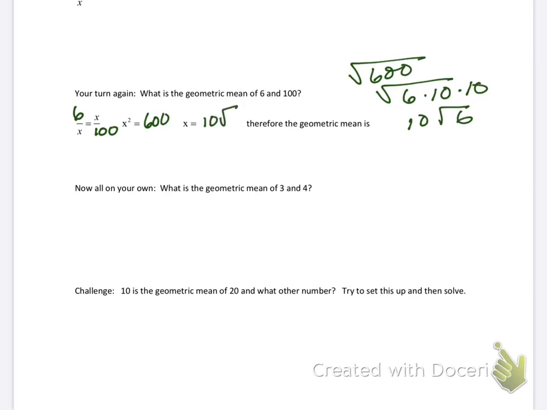So 10 root 6, therefore, is the geometric mean. Because x equaled 10 root 6, and that's what I was looking for. Okay, now all on your own. They've asked you what is the geometric mean of 3 and 4, and I have not given you any fractions to plug in. So you have to come up with them yourselves. So do your problem first and then check back on the video.